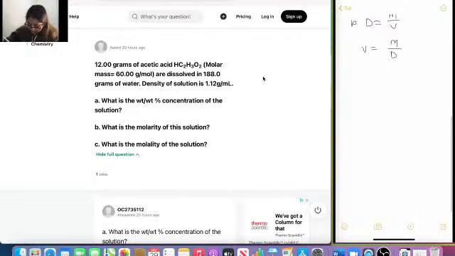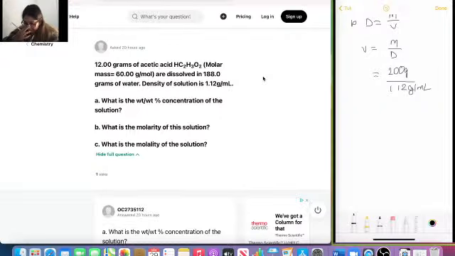Okay, so we're trying to find volume here in order to get molarity. The total mass of our whole solution, as we calculated, is 200 grams, and our density is given as 1.12 grams per milliliter.